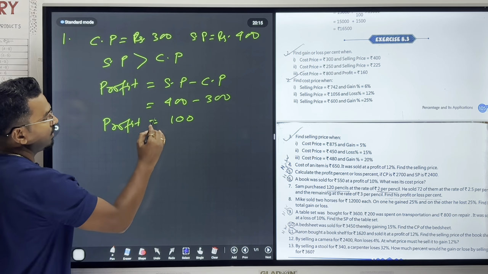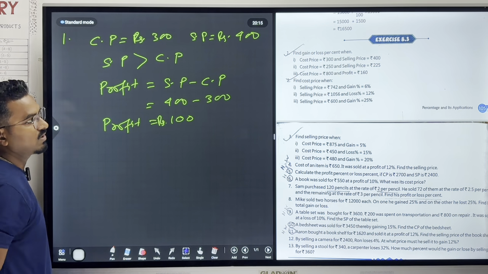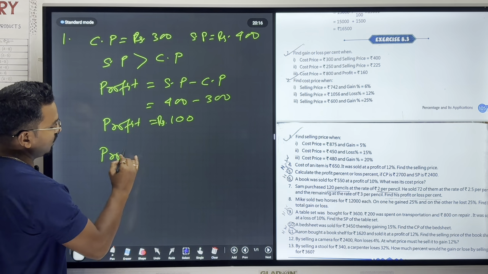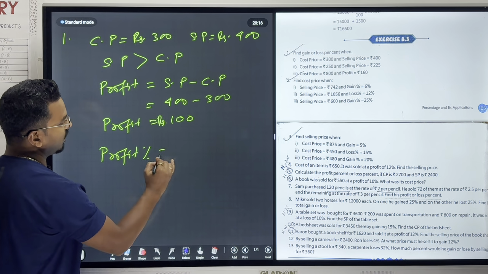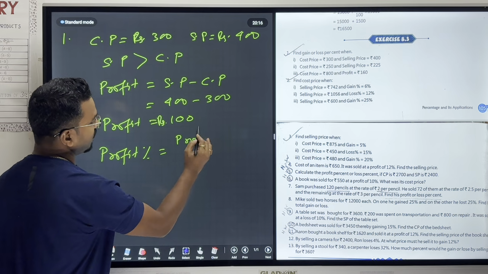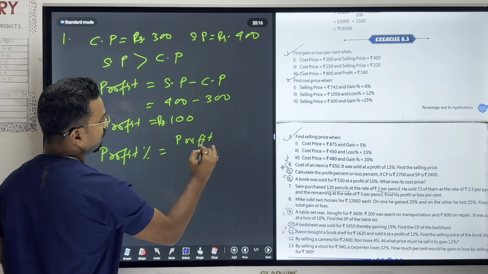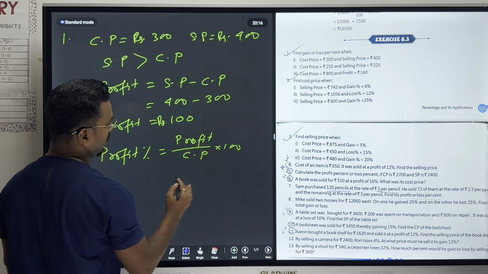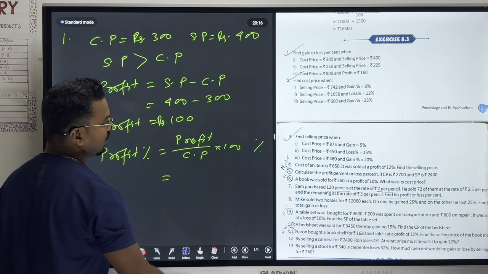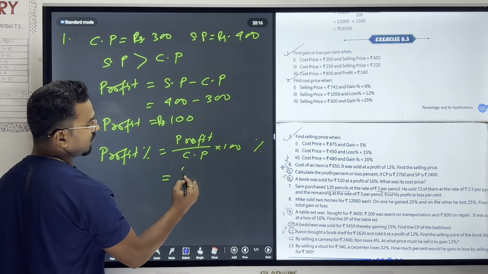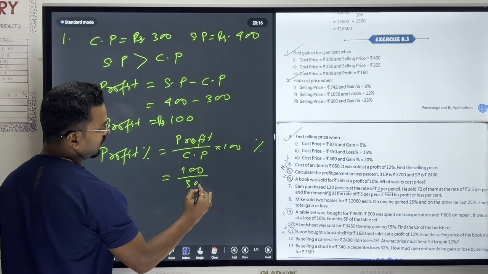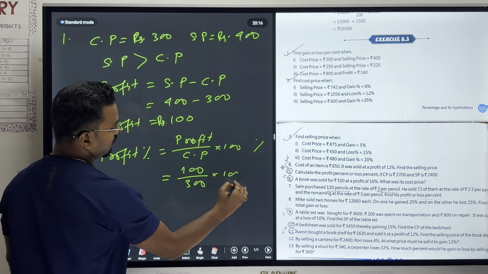Now you have to find the profit percent. Gain or profit, same thing. What is profit percent? Profit percent equals profit by CP into 100, so it will be converted into percentage. Profit is 100, cost price is 300, into 100.